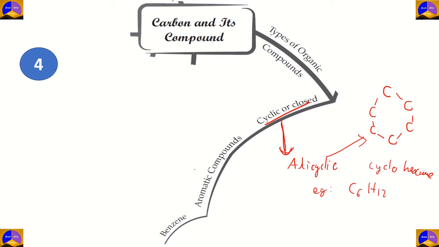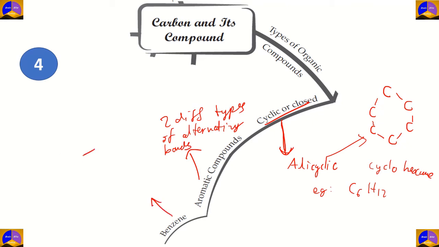The other type of compound, which is an aromatic compound, is a compound with 2 different types of alternating bonds. So if you look at an aromatic compound like, for example, benzene, this is the structure for benzene.